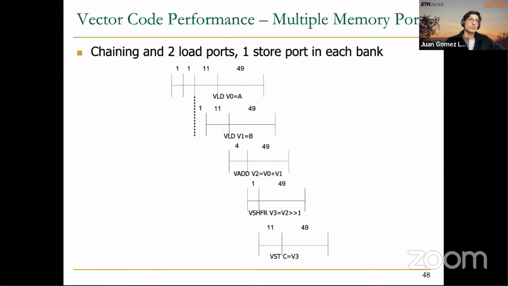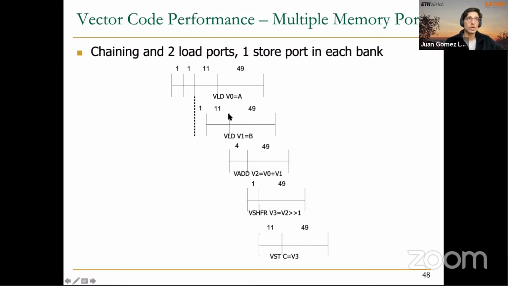But now we are going to assume, for example, that we have 2 load ports and 1 store port. So what that means now is that we won't have a vector load delayed or a vector store delayed because another memory access is being executed. So right after starting the execution of the first vector load, because we have 2 load ports, we can also start calculating instructions for the second vector load, and this way be much more efficient.